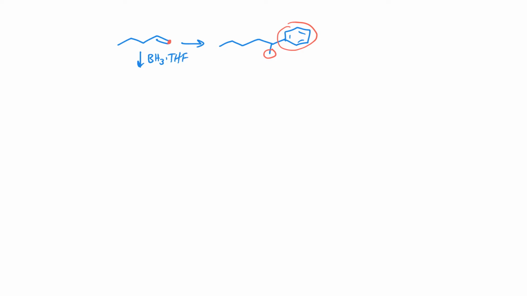And that would be an aldehyde on that end carbon there, because that can receive Grignard nucleophiles. So we'll start off by putting an OH there. We'll oxidize that. Now I have an aldehyde, and I could add a carbon group to this. Let's just add methyl using a Grignard.